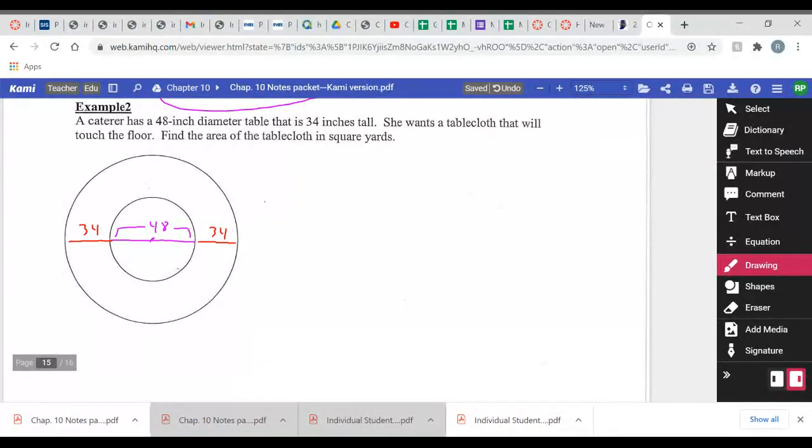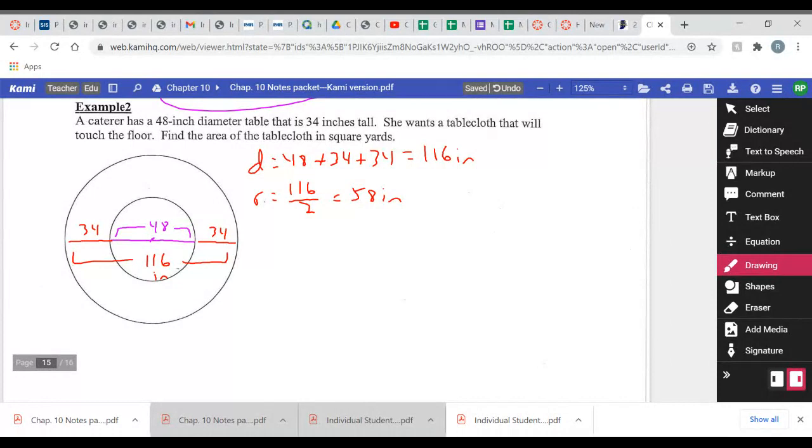So the actual diameter of the tablecloth is 48 plus 34 plus 34, which gives me 116 inches. Okay, so we know that all that is 116 inches. All right, so now the radius of that is 116 divided by 2, which is 58 inches.